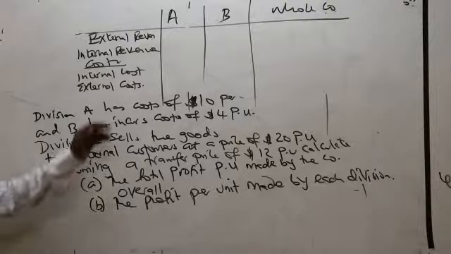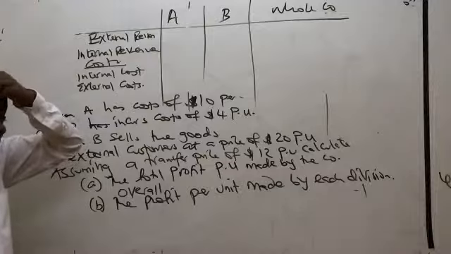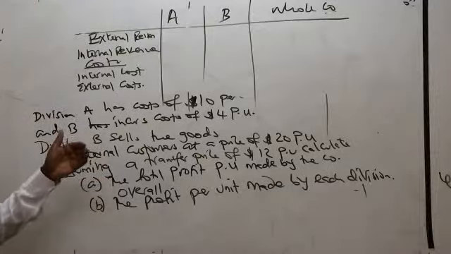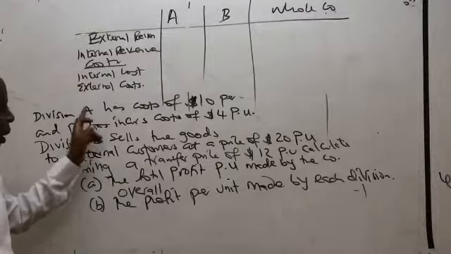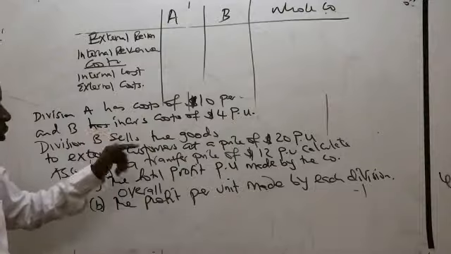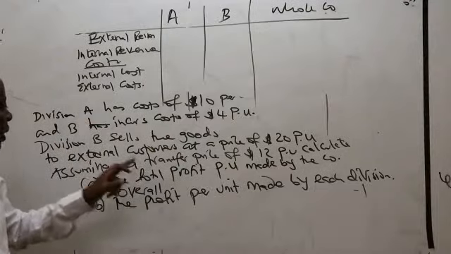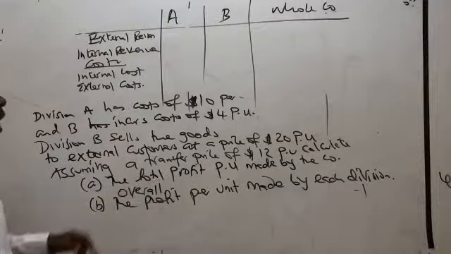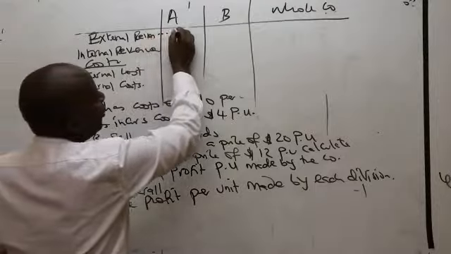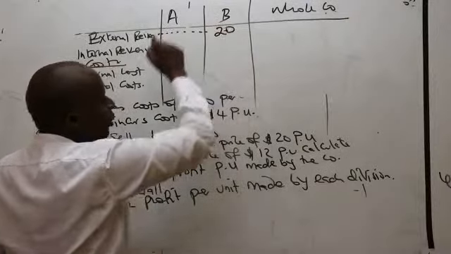So we start with the external revenue. Which division is selling these goods externally? We are told division A has costs of $10 per unit, and B incurs costs of $4 per unit. Then division B sells the goods to external customers at what price? So the revenue per unit for B is 20, we are being told.